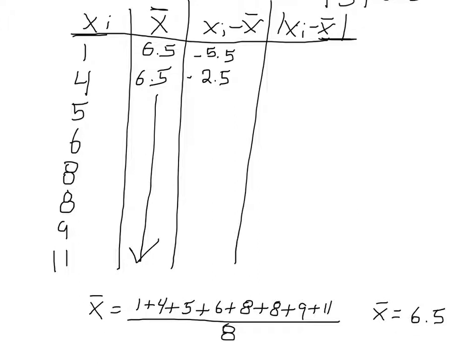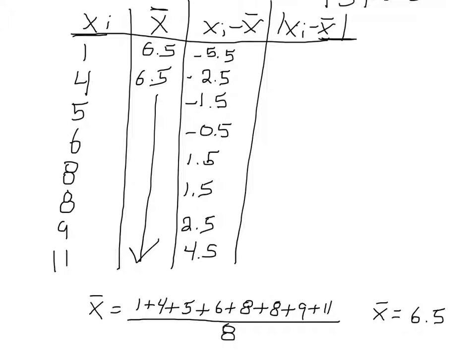So 5 minus 6.5, negative 1.5. 6 minus 6.5, negative 0.5. 8 minus 6.5 is positive 1.5. Got another 8, so another positive 1.5. Got 9, so it's 2.5. And 11, so 4.5.